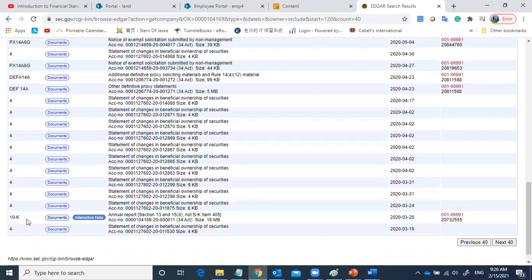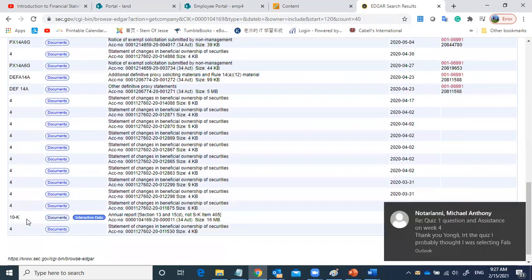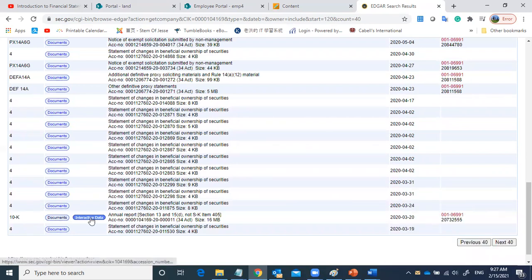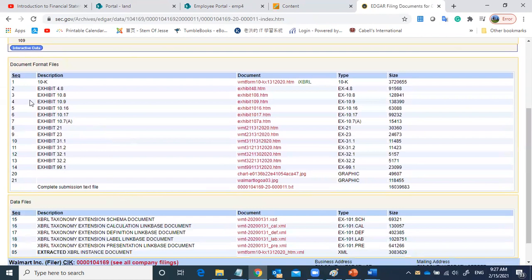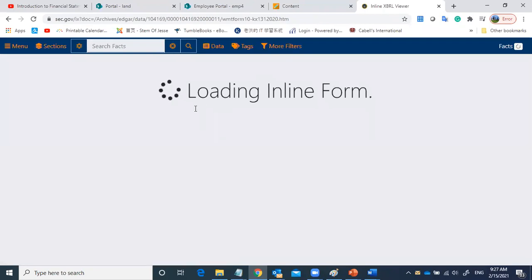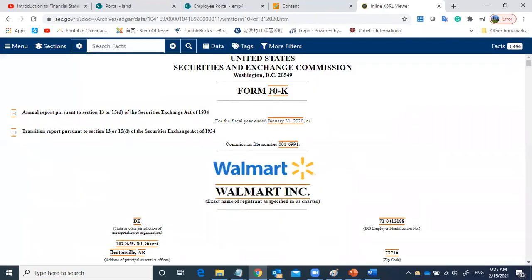Let's say the 10K form, the annual report. You can see the documents, all of them. This 10K form is the annual report.